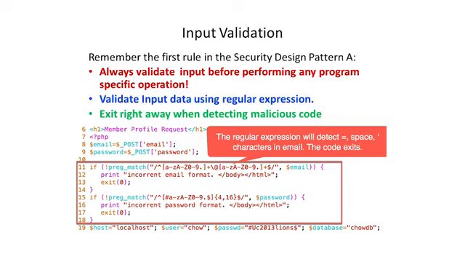Therefore, the malicious string we just discussed will be detected by that regular expression matching, and the true branch will be executed. The processing after the printf statement, which prints out the error message, will then exit without further execution.